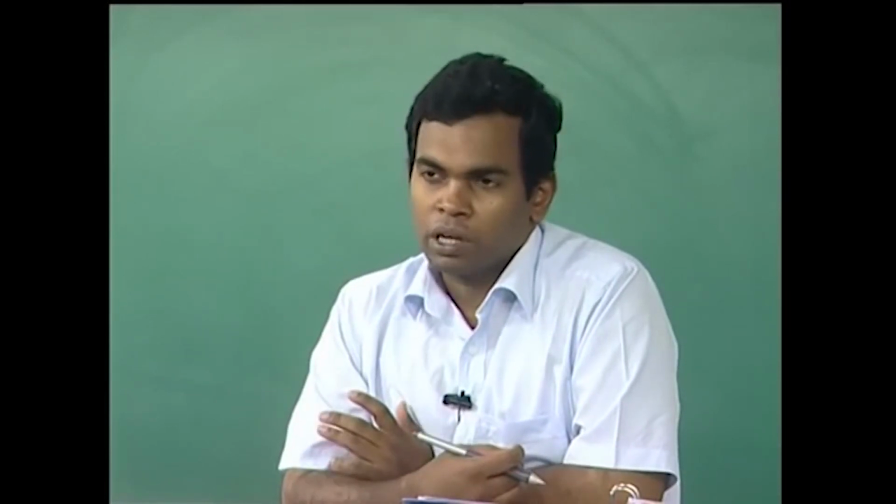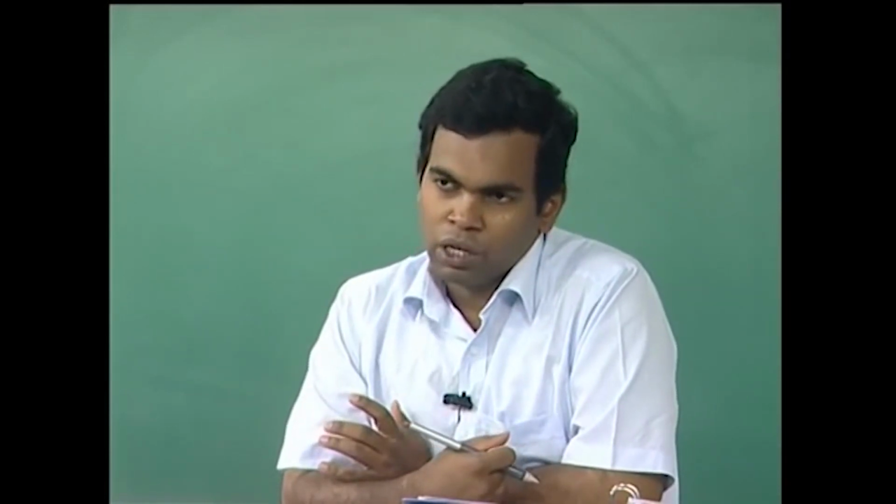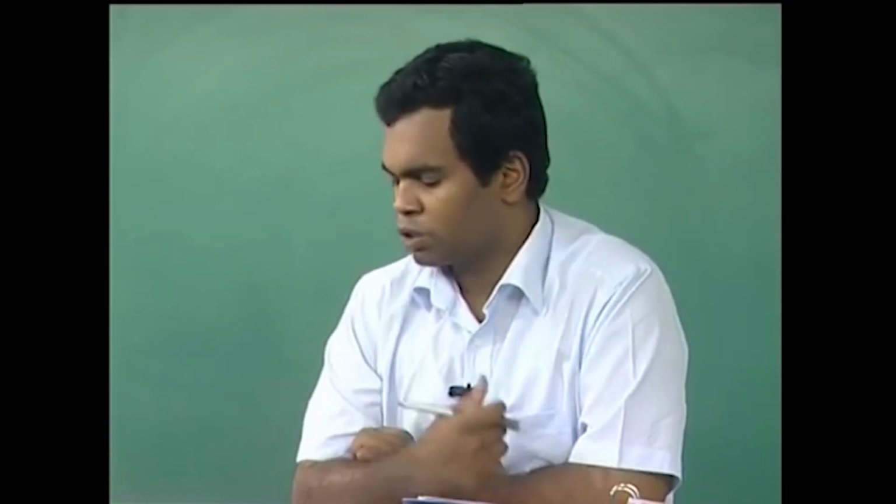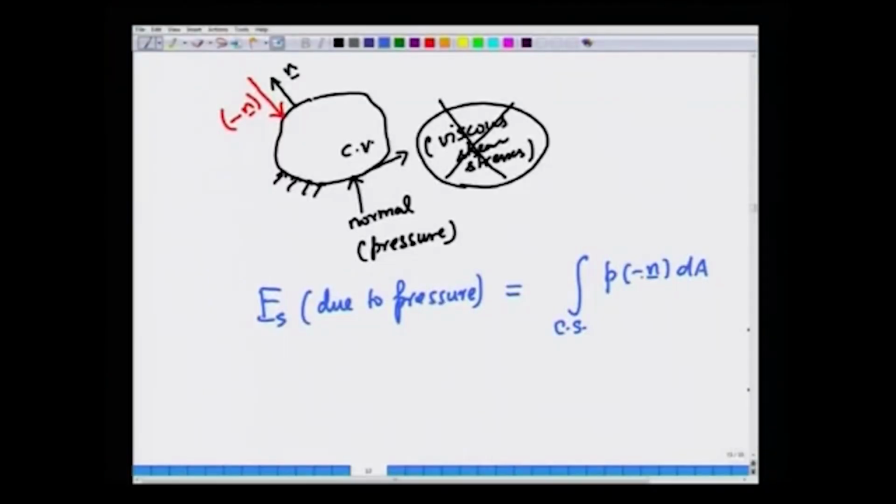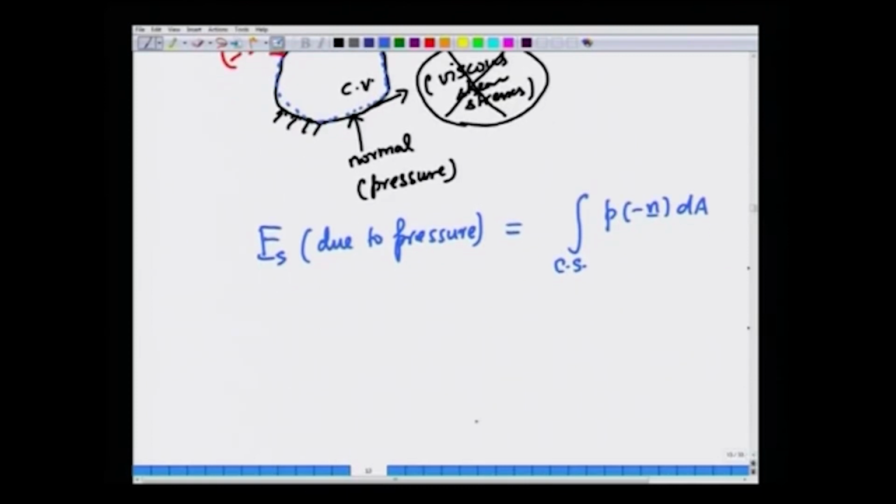So, we have to put in the direction, and since it is compressive, it acts in the direction of minus n. So, we have to explicitly put minus n while calculating the surface force, and since the pressure can in principle vary at various points along the control surface, we have to integrate the pressure over the entire control surface to get the surface force due to the pressure.